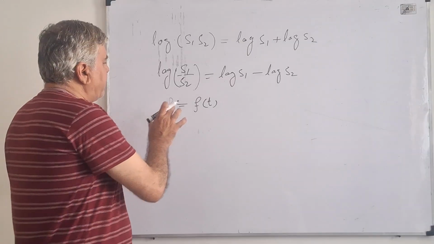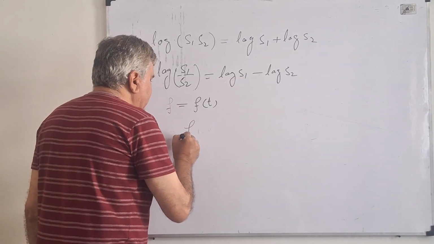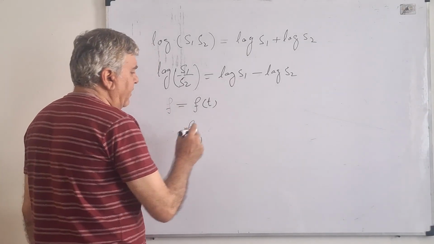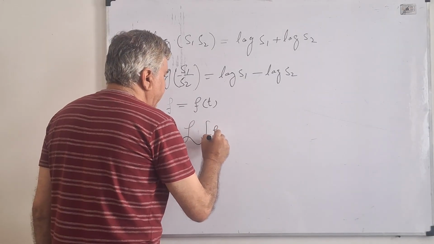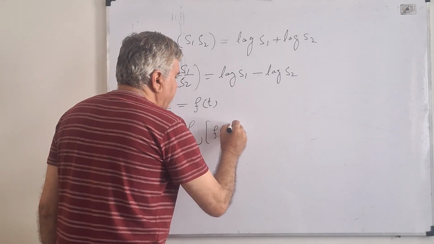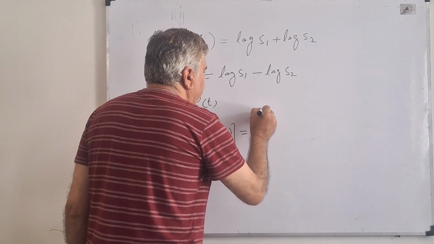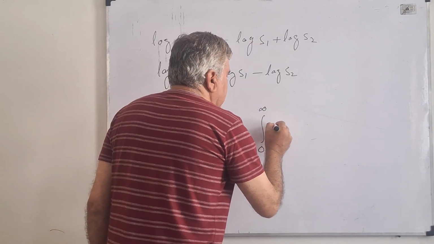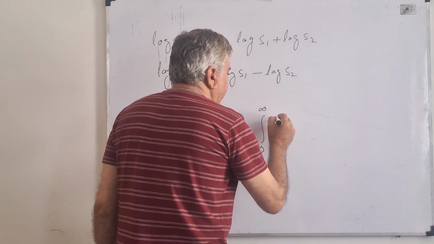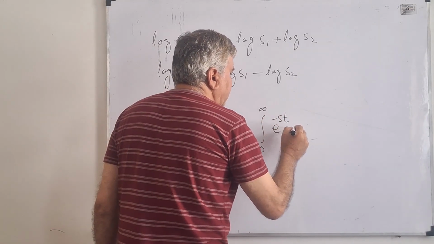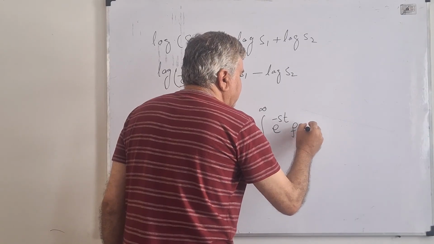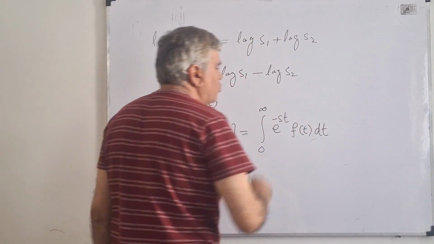Then the Laplace transform of this function, we write it like this. We use this script L, and inside the square bracket we write the function, and then we write an integral from 0 to infinity of an exponent with argument minus s t, multiply this with the function f of t, and integrate over t.